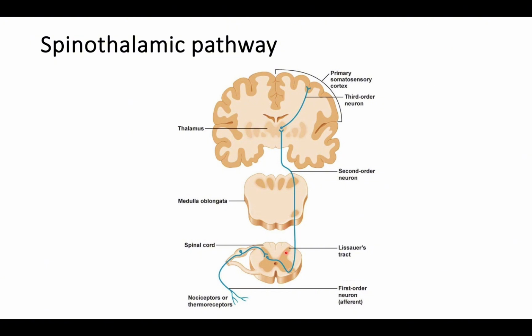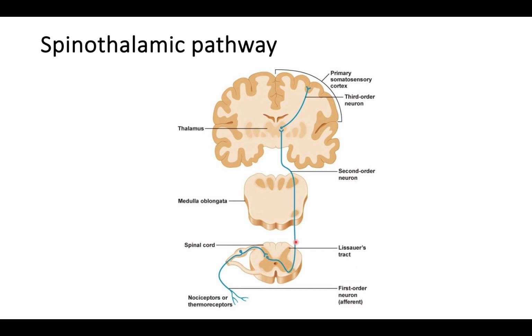So this is a typical example of the ascending pathway that we used earlier to describe the first, second, and third order neurons. Remember that there was a crossing. It goes across the central canal. I remember telling you that it is the central canal that you use to tell whether a fiber has actually crossed to the other side or not. If it doesn't bypass the central canal and just rises up, it will be on the same side, ipsilateral. Once it crosses, it becomes contralateral.